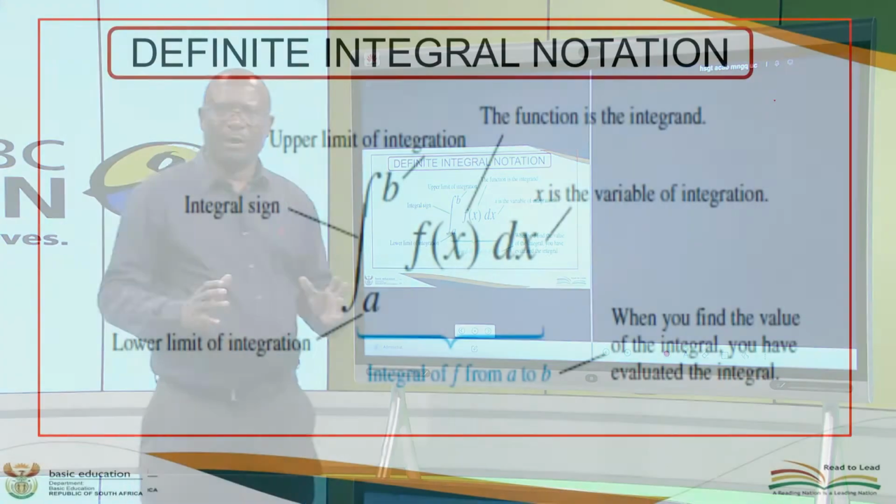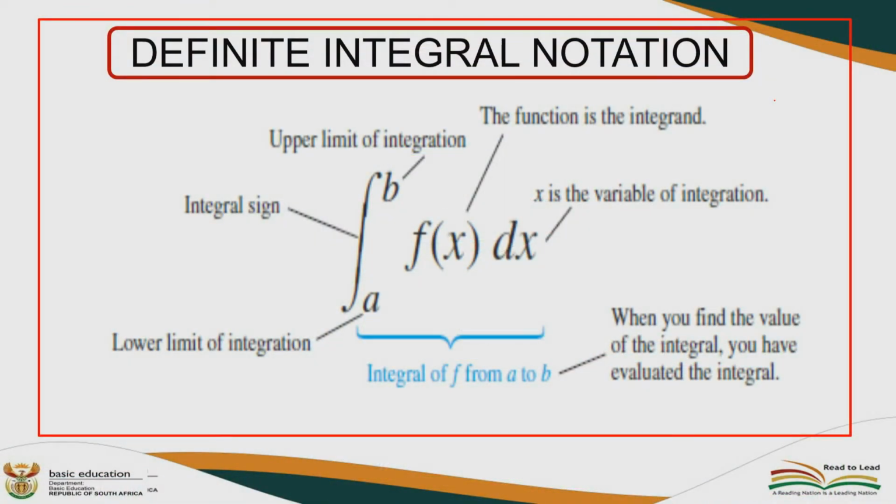Then we need to understand the notations that are used in the definite integral. The first thing to show that it is an integral is this symbol, which looks like an S. One can say this is a very funny S. We call it the integral sign.